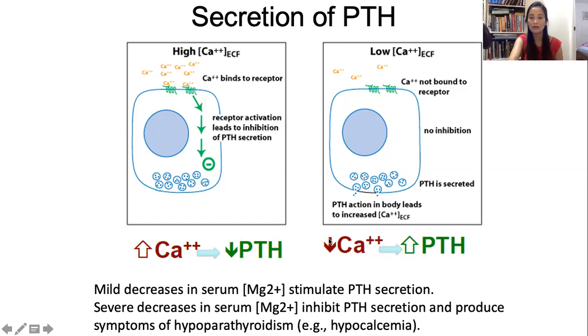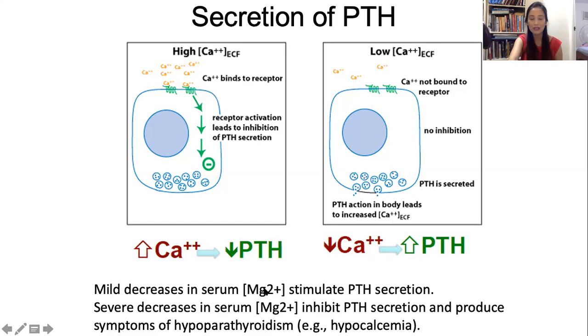So if you have low calcium, it will trigger the parathyroid gland cells to increase PTH secretion in order to correct the low calcium and normalize it to normal homeostatic levels.